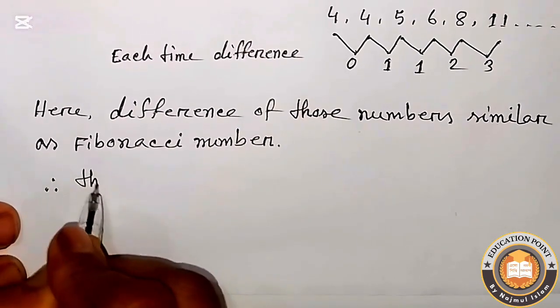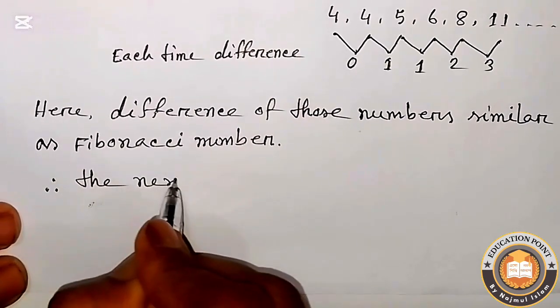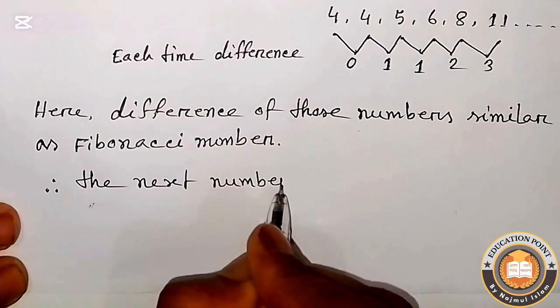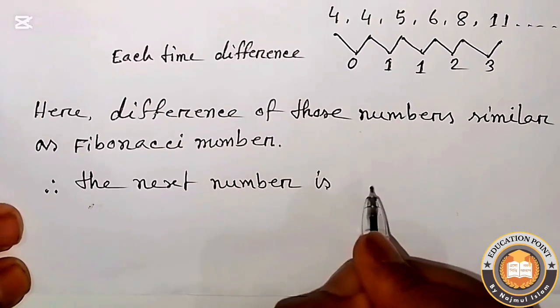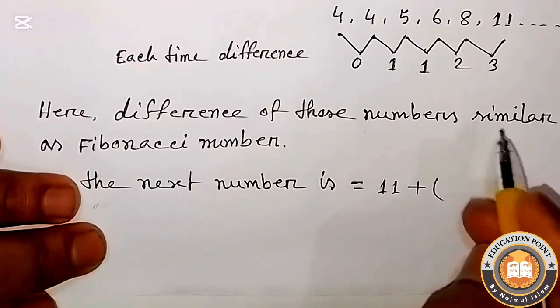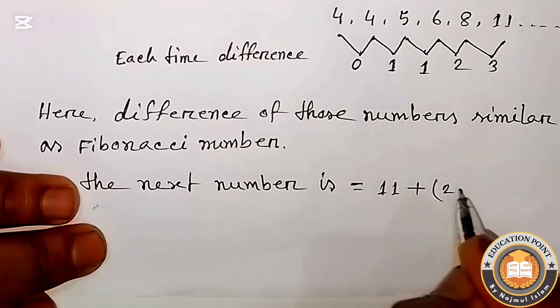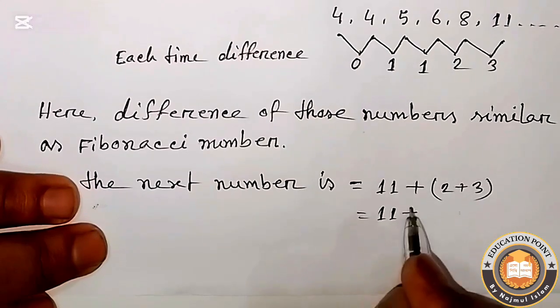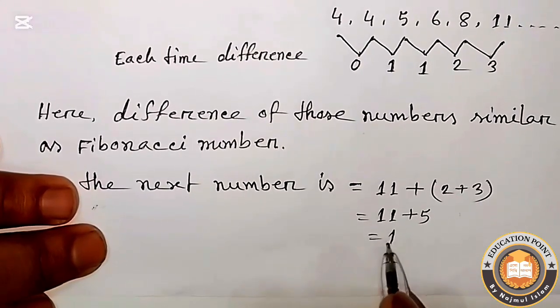So the next number is 11 plus 3, which equals 14.